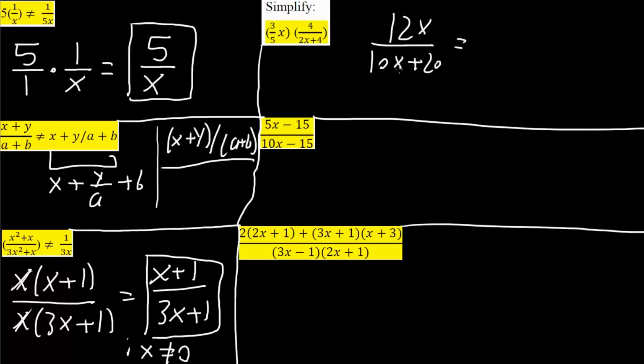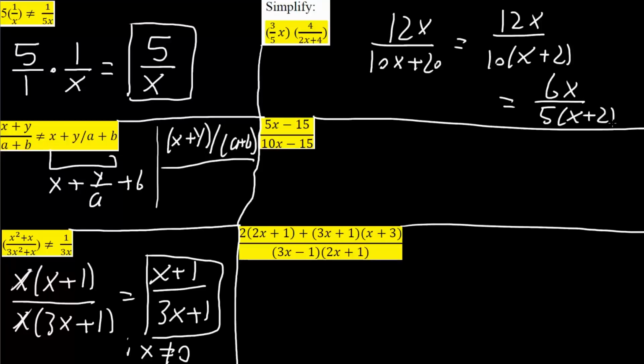Next we factor out a 10 for the denominator, and we would get 12x divided by 10 parentheses x plus 2. And so now we can simplify a little bit. If we divide by 2, we would get 6x divided by 5 parentheses x plus 2. So this is this answer.